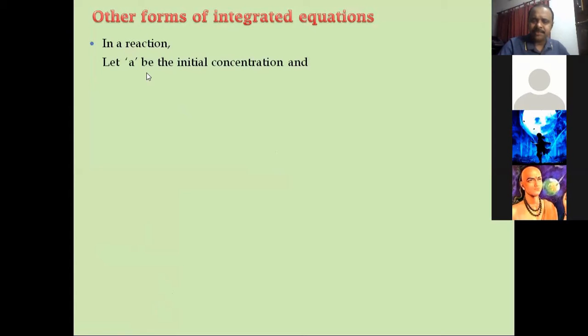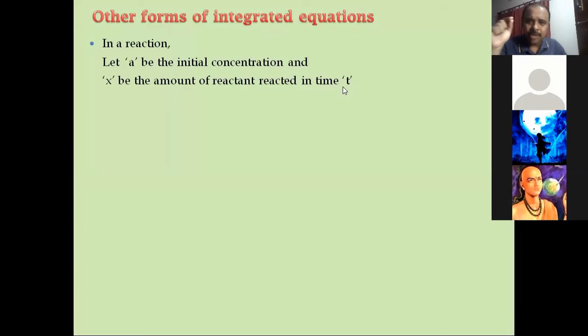In a reaction, let A be the initial concentration, and X be the amount reacted in time t. We are going to start a reaction, say, with 2 moles in the beginning. 2 moles is the initial concentration. The term to represent initial concentration is square bracket R naught or A, either one.